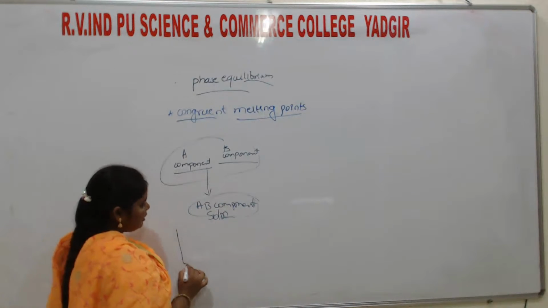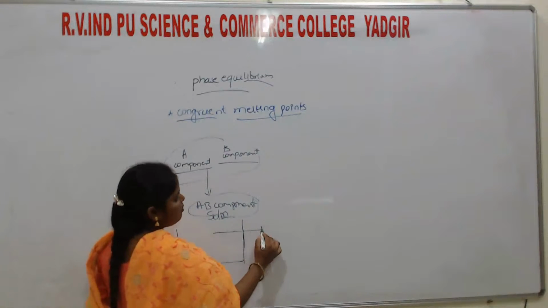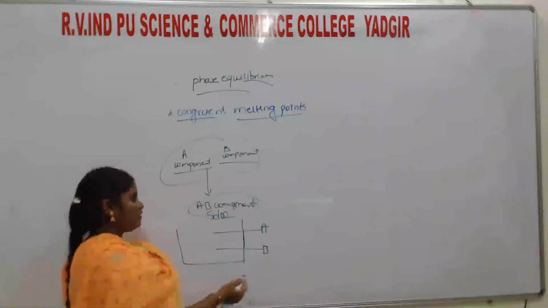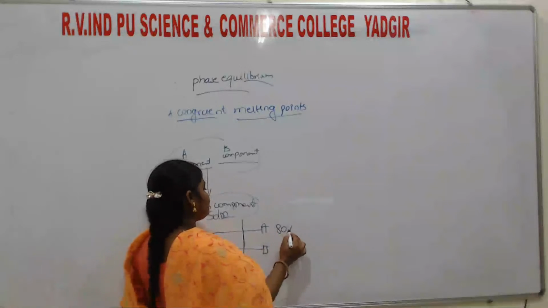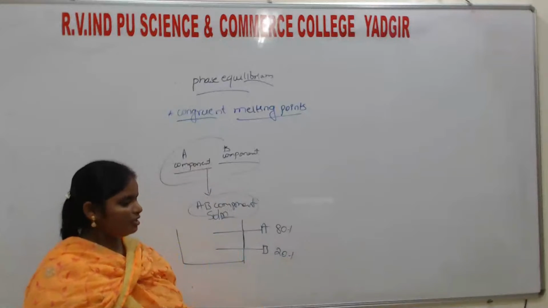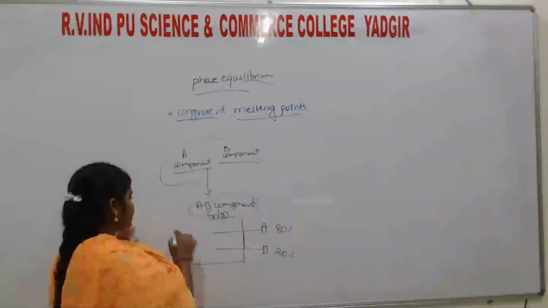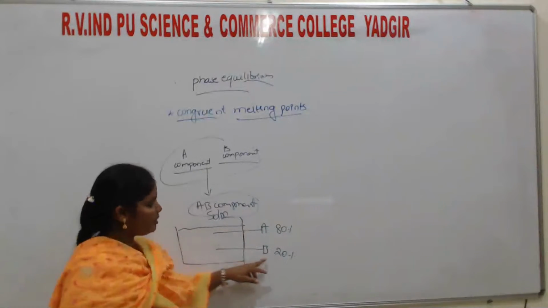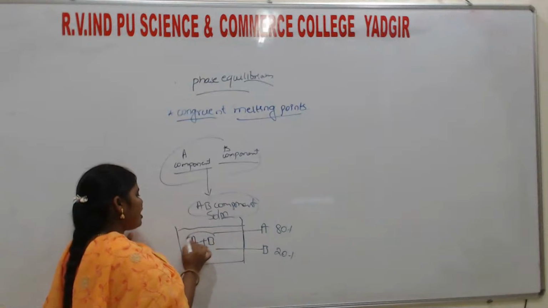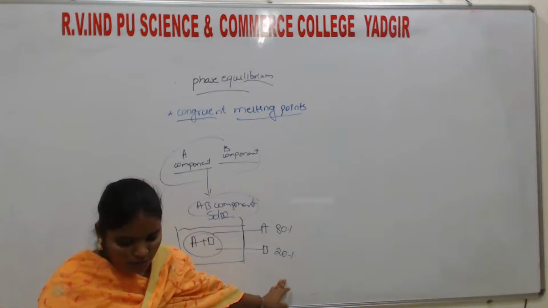Here I take one container and add component A and component B. I take 80% of A and 20% of B in composition, and I mix these two components in the ratio of 80% and 20%.